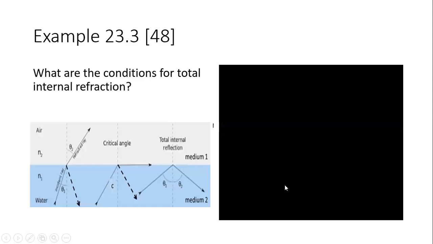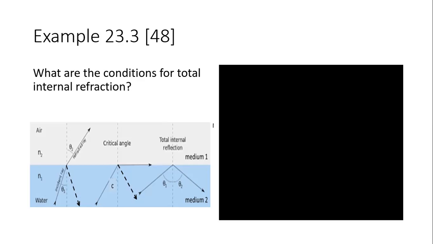What are the conditions for total internal reflection, number 48 in your worksheet? What are the conditions? Critical angle is 90 degrees? That's not the condition.